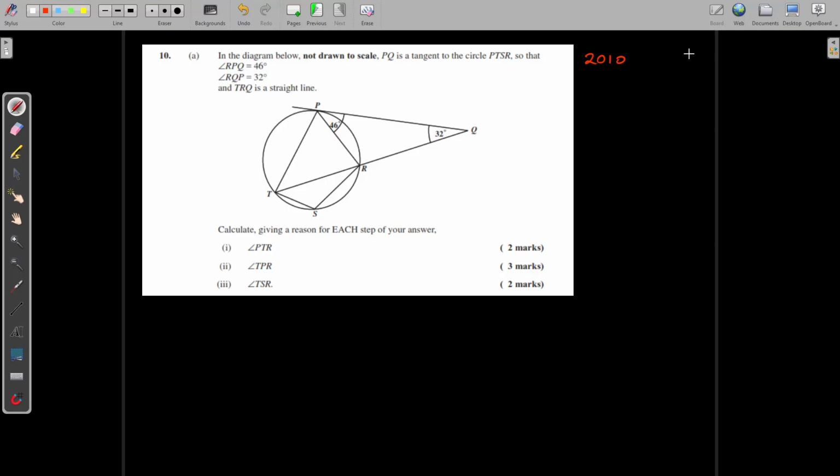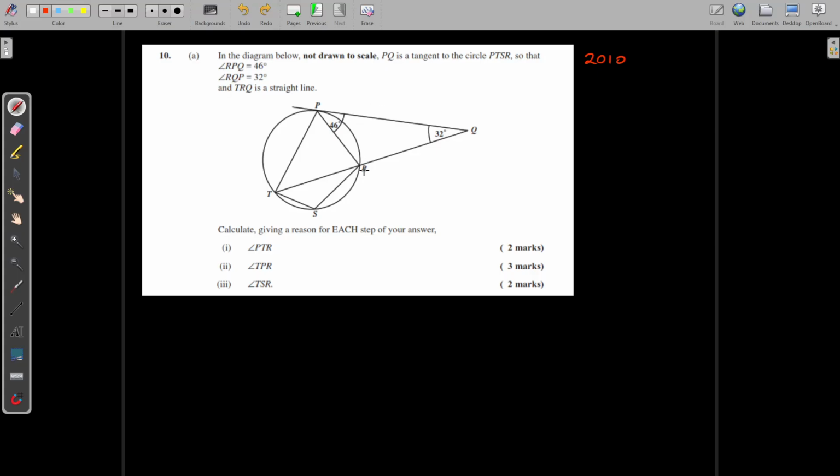So in the diagram below, not drawn to scale, PQ is a tangent to the circle. PTSR, so we have a cyclic quadrilateral inside here. As we go along, I'll make a note of what we have. Angle RPQ, so this angle right here, is 46 degrees.